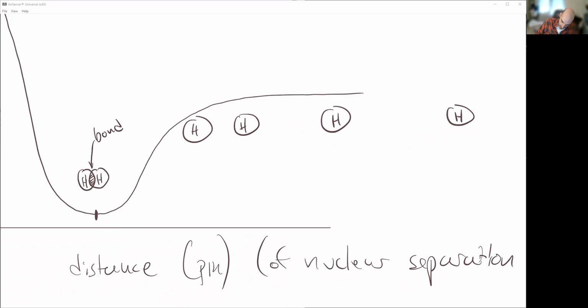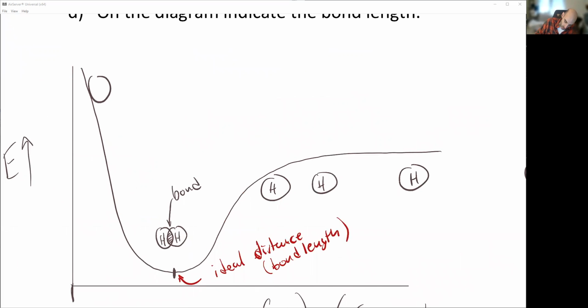Again, this right here would be the ideal distance, or a bond length. And this could be done with any two nuclei. So the bond length of a hydrogen-hydrogen bond. If we keep bringing these things closer and closer together, the nuclei are going to overlap to the point where the energy just skyrockets, because the nuclei are way too close together.